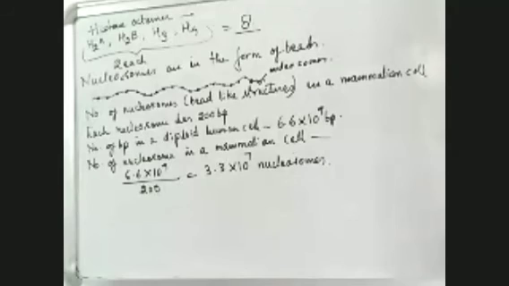What is the formula for finding out the length of DNA strand? How will you find out the length of DNA strand? Number of base pairs into length between two base pairs.